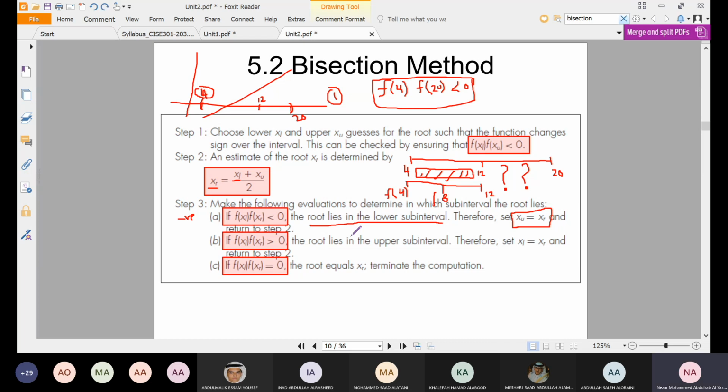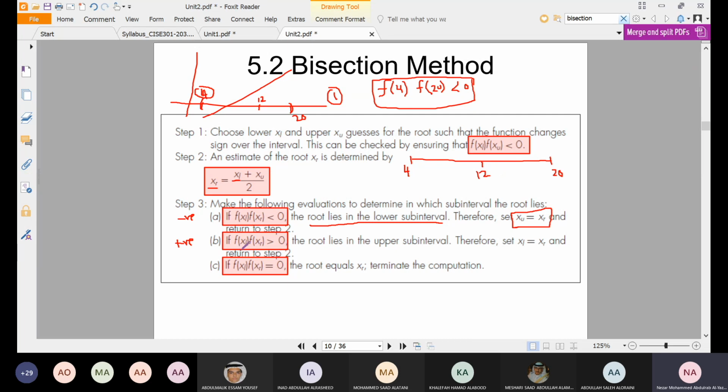This is the first condition. The second condition: if f of xl multiplied by f of xr is positive, that means the root will be located in the upper subinterval, not the lower one.